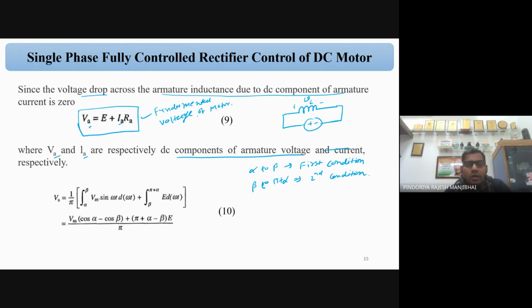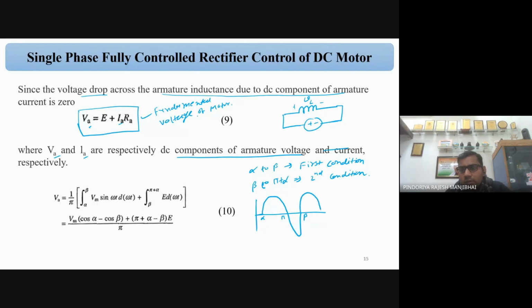You can see for the half cycle, we have one cycle. We can operate this one, and here to here. So this is alpha, this is pi, and this is beta, and then again this is a continuation.